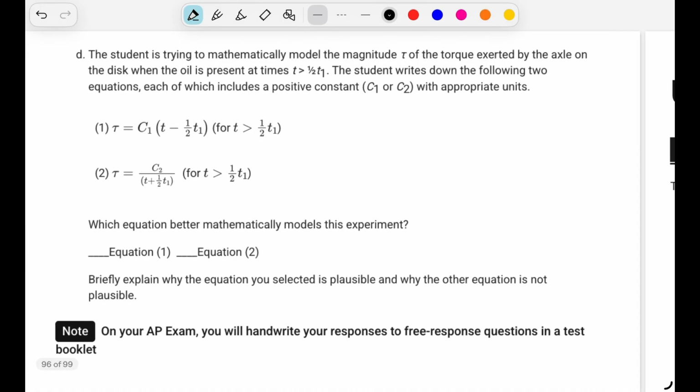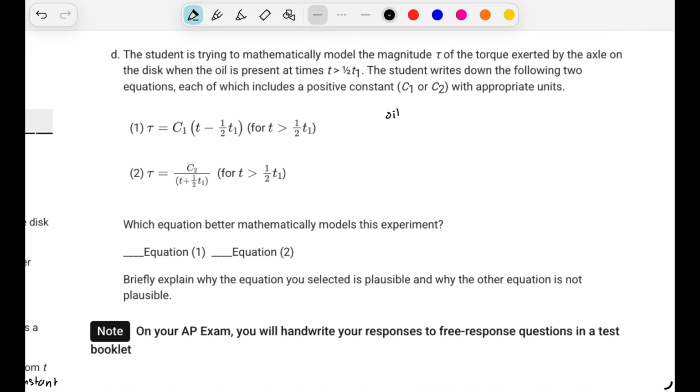So in our experiment, we know that oil is going to reduce our friction, and that friction is going to continue to decrease over time as more oil is added. Therefore, torque is also going to decrease with time because torque is caused by the friction.